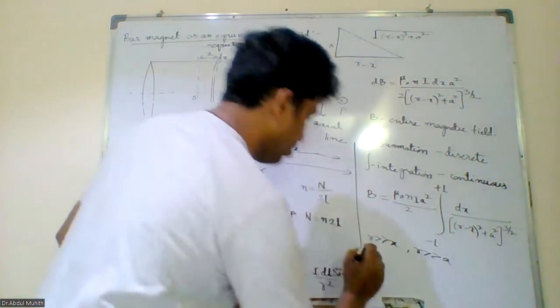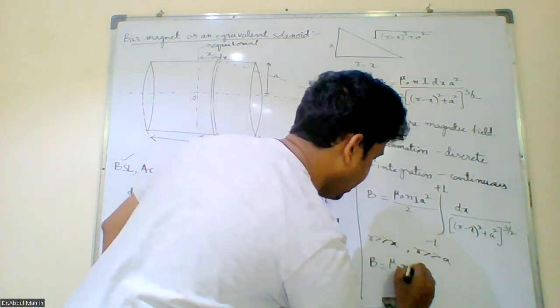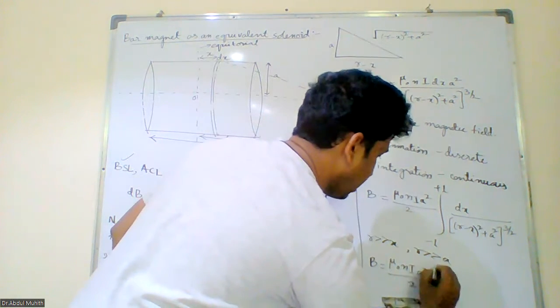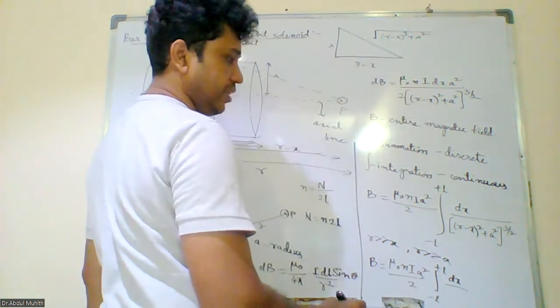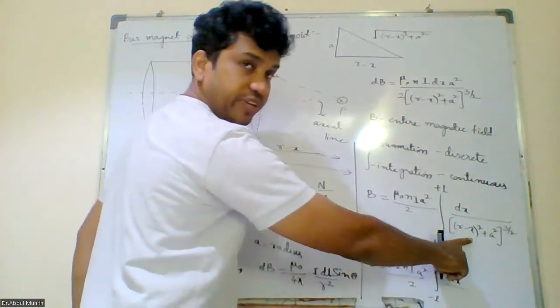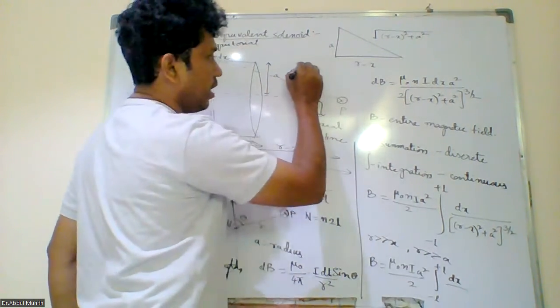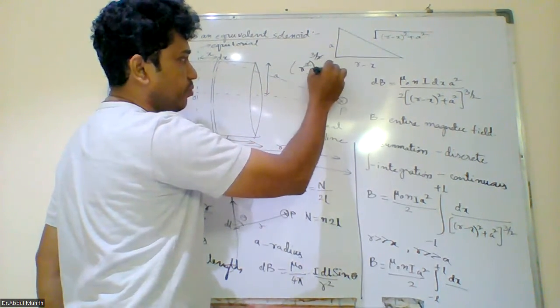B is equal to mu 0 I A square divided by 2, integral from minus L to plus L of dx divided by R square whole to the power of 3 by 2. Only R square is left, since X and A are very, very small. So 2 and 2 will go away, and R cube will remain.